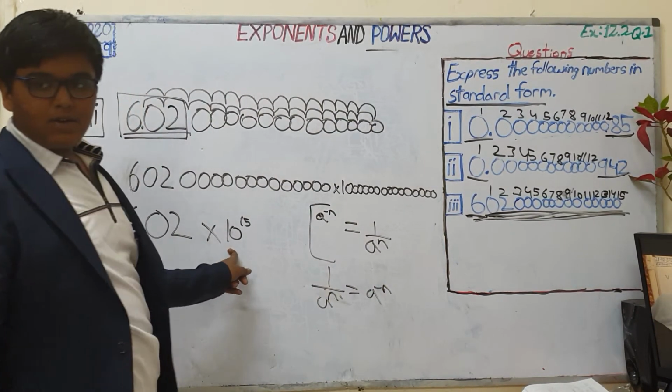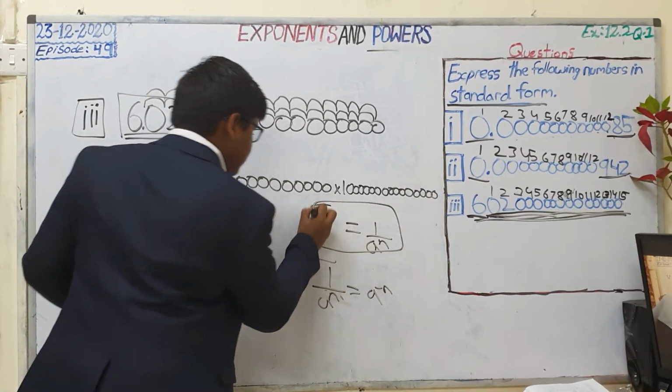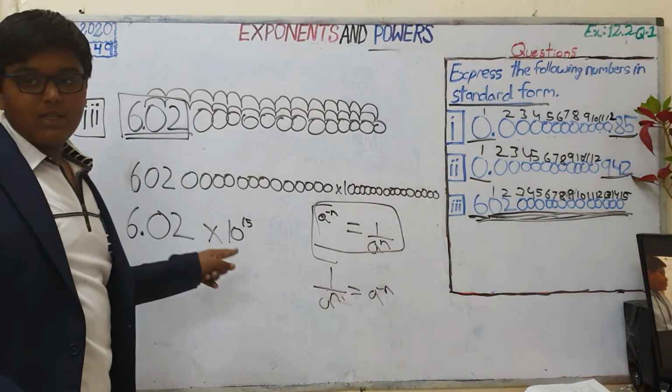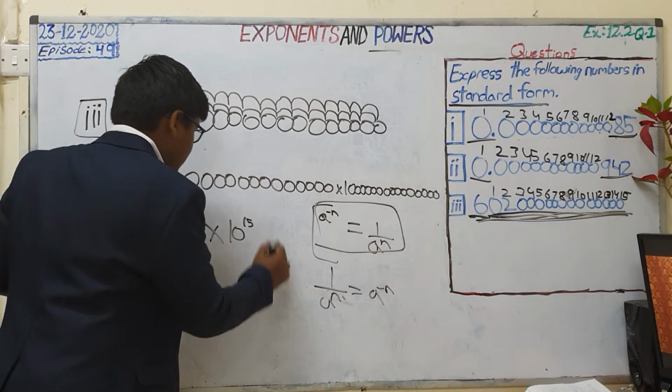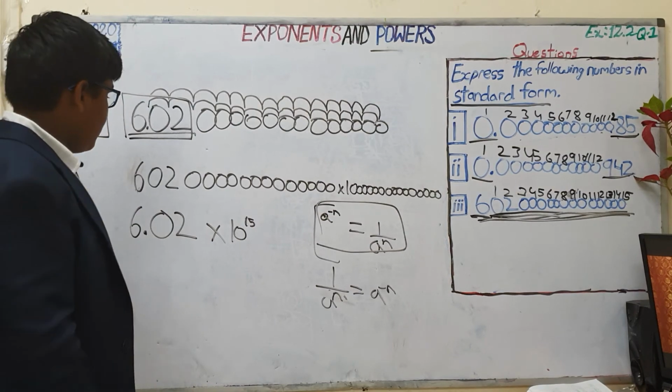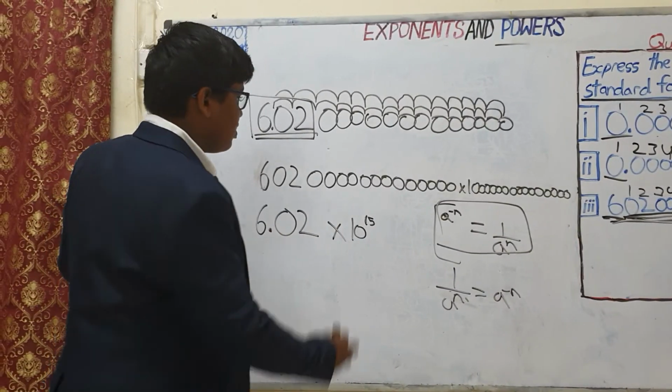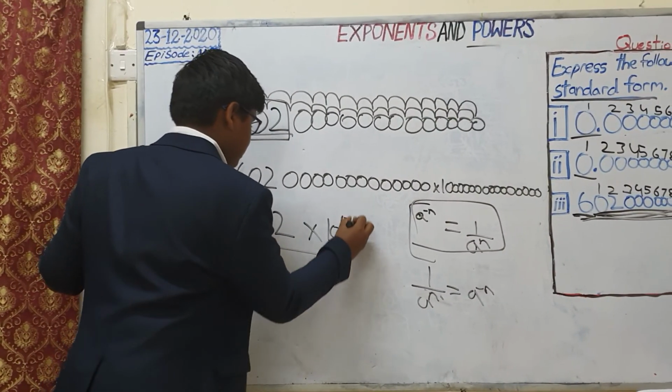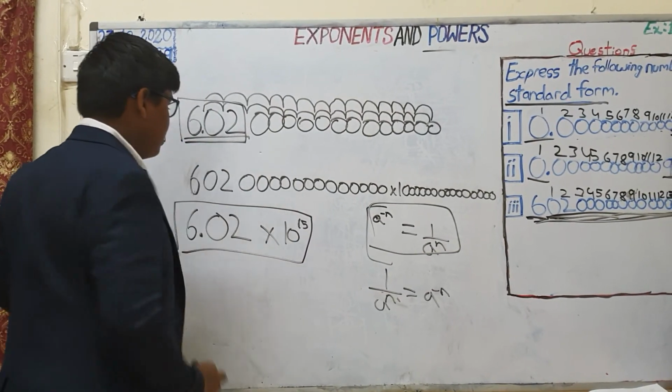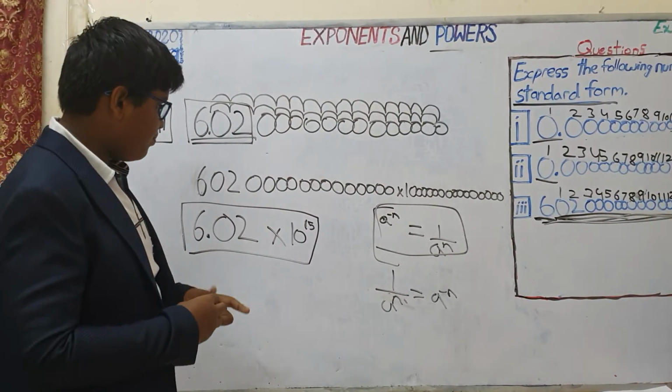But here we are not using this property. That's why we got the direct answer, 10 raised to the power 15. So the answer of the third one is 6.02 into 10 raised to the power 15.